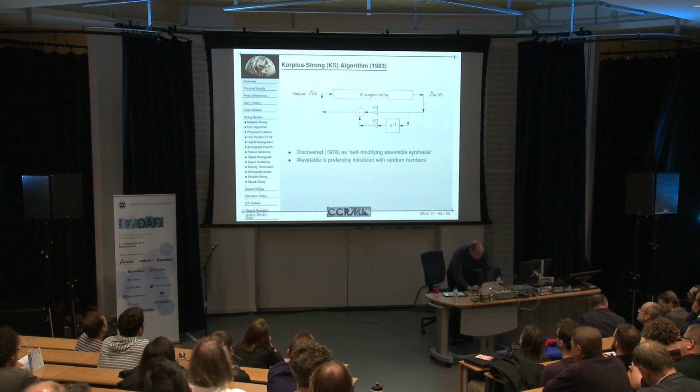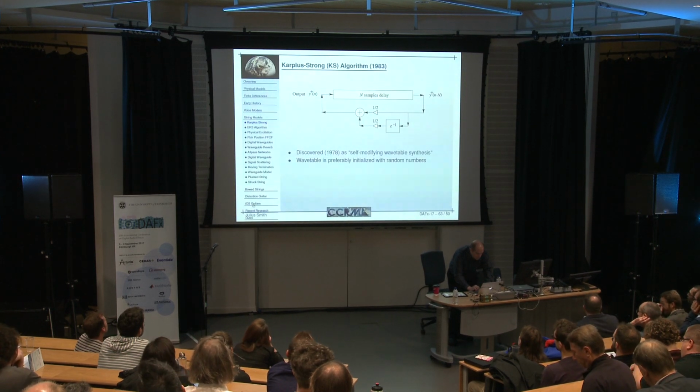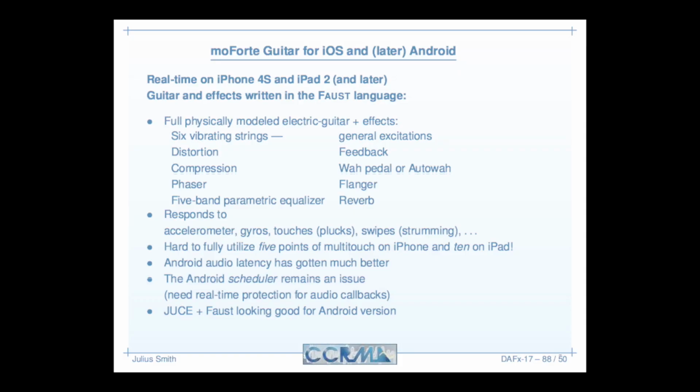Not a lot that's new, except to say that we're working on virtual strings now, and I have a quick demo. But in my last couple of minutes, I'll give you an idea of how powerful these handheld devices are now for doing this stuff in real time.